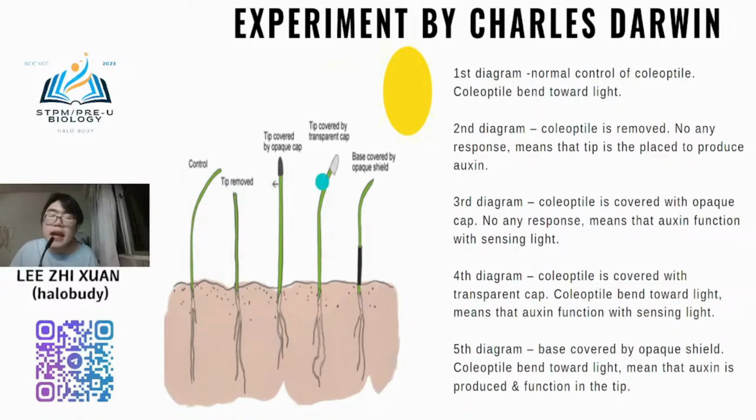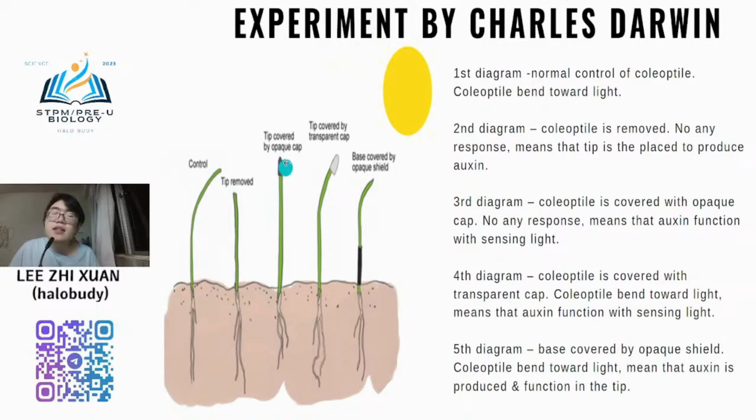So this means that auxin is highly concentrated in the tips of the coleoptile, or in the tips of the shoot. If you cut down the tips of the shoot, then no auxin is produced, so the plant cannot grow anymore. And then you see this diagram. When you cover the coleoptile with the opaque cap, meaning that this is totally black cap, not a transparent cap, it is totally dark and can totally inhibit the light from entering the plant.